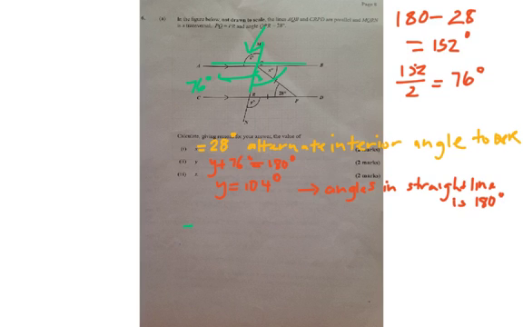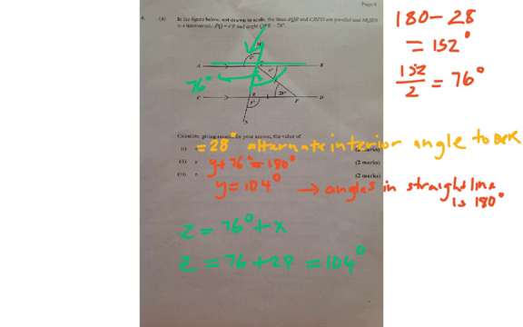So therefore, angle Z is equal to 76 degrees plus angle X. And angle X is equal to 28 degrees from the first part of the question. So Z is equal to 76 plus 28 degrees, which is equal to 104 degrees.